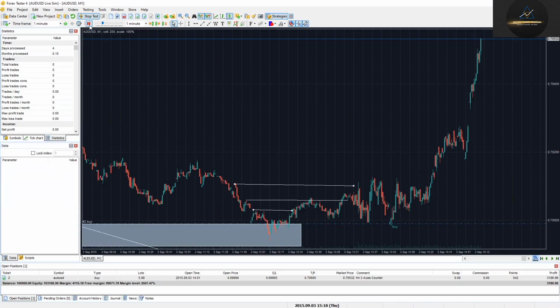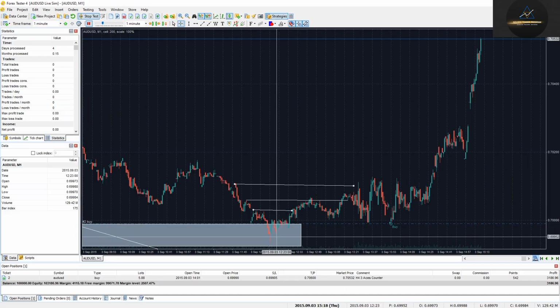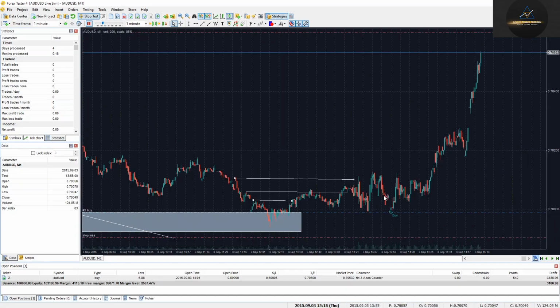So even though I missed this trade here, you can always make it up if you're watching the charts. If you're really active, you don't really need to trade on the M1. As you can see, you would have had enough time in real life.